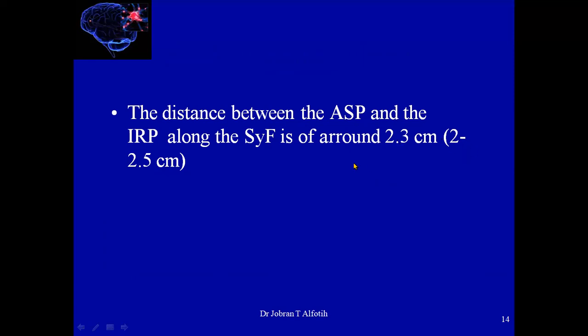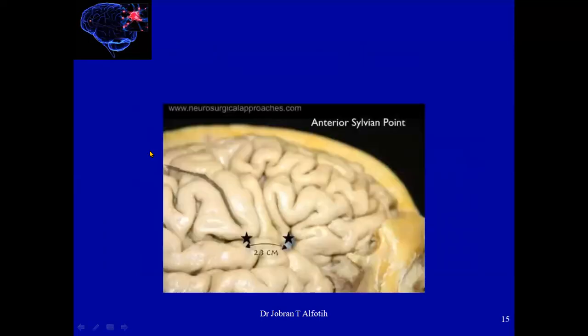Posterior to the anterior sylvian point, at a distance of maybe 2.5 centimeters, we'll find the inferior rolandic point. As we see in this picture, this is the anterior sylvian point, and behind it by 2.3 centimeters we can find the inferior rolandic point of the central sulcus. Do you know the name of this structure?